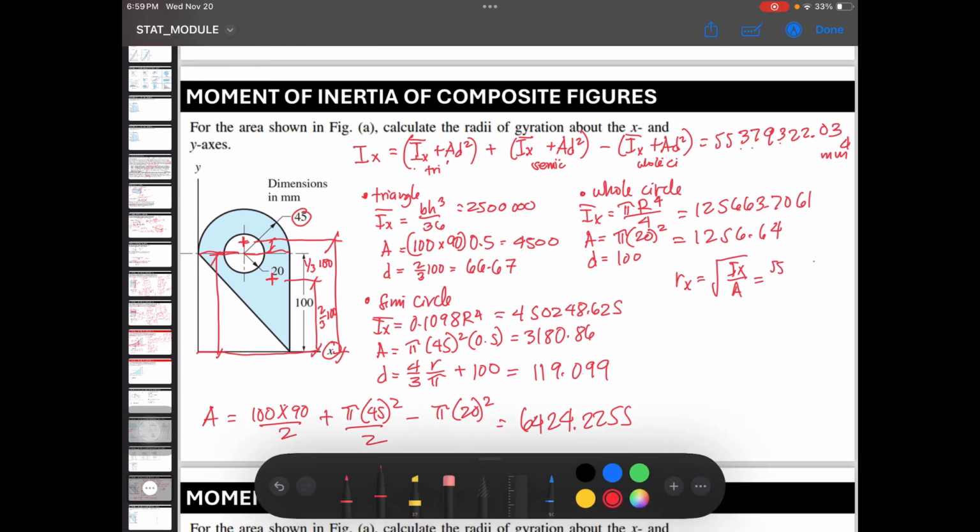So, substitute natin yung mga values ng Ix at saka area. So, this is 5537932.03 over area na 6424.2255. Square root pala. Answer dito, I got 92.